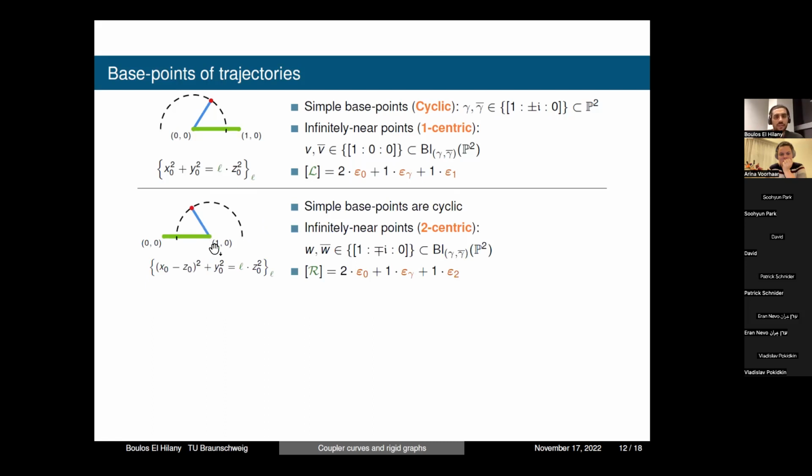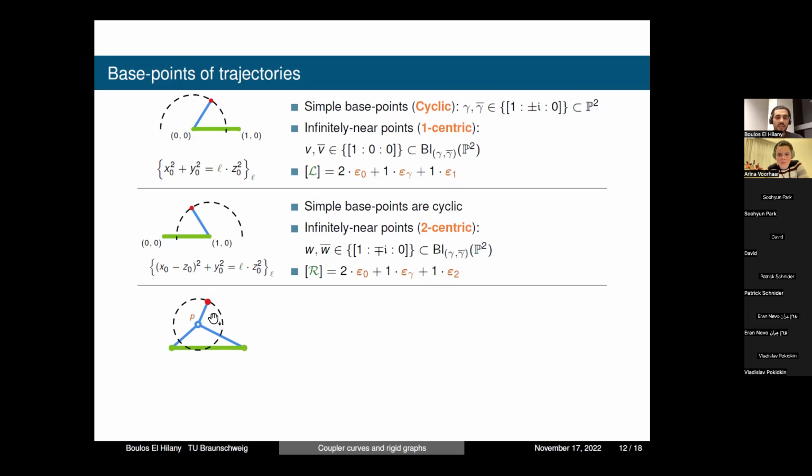By looking at this coupler curve, one can also check that it has two cyclic points of multiplicity 1 and two two-centric points, each of multiplicity 1, and it has degree 2, so its class looks like this. And there's a third set of base points. Let's say I take this as a coupler curve.